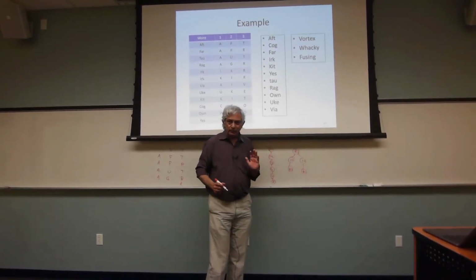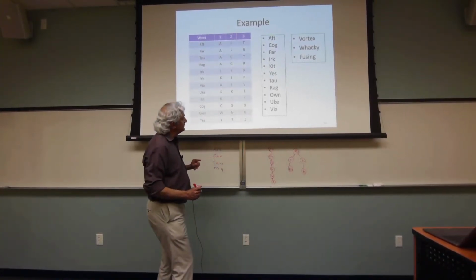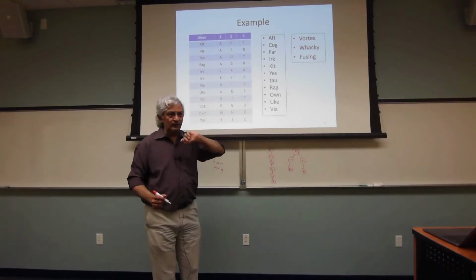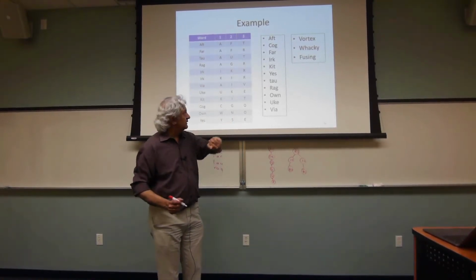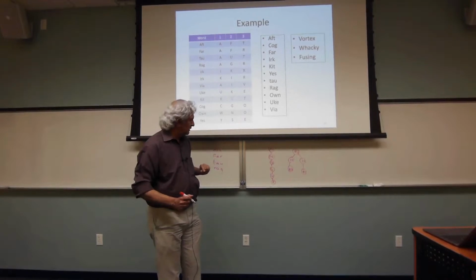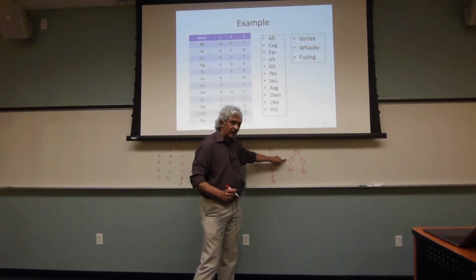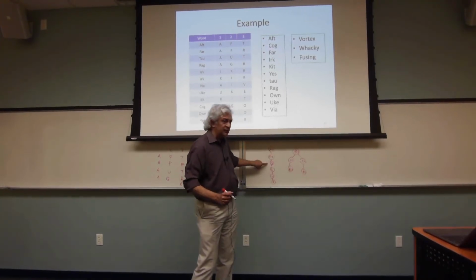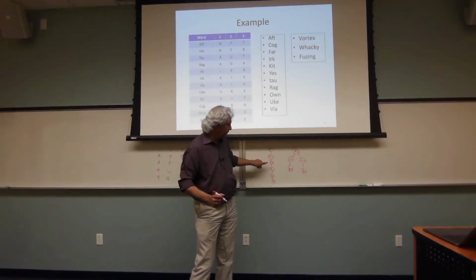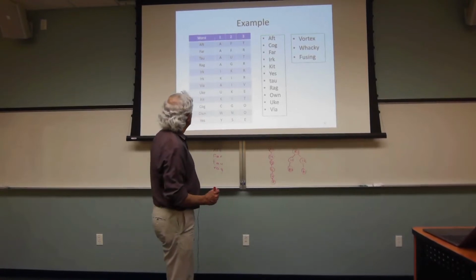We just have to try both, and it turns out that there is another word here that will help us figure that out. And that's the word KIT. And KIT will have K and I to be different from T. Sorry, so how did I do this?